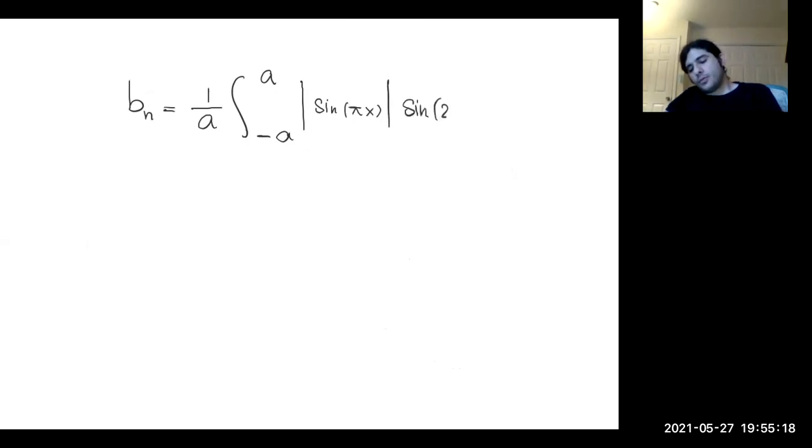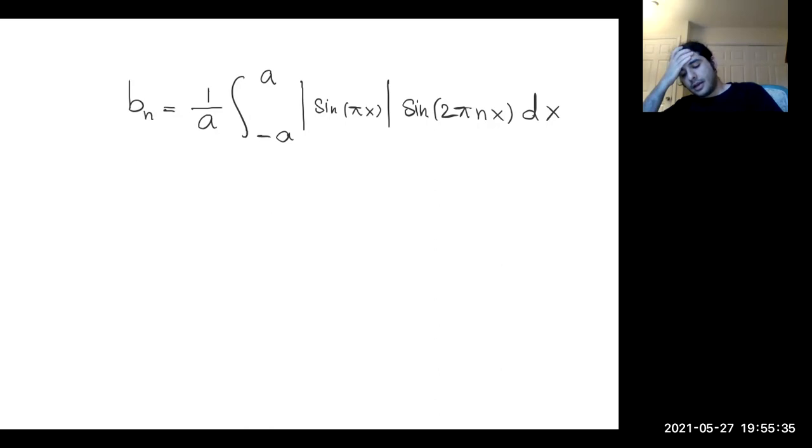Well, b_n is equal to 1 over a integral from minus a to a of f(x), which here is the absolute value of sine of pi x, times sine of 2 pi n x dx. Now, let's look at this and see if we can guess the answer.